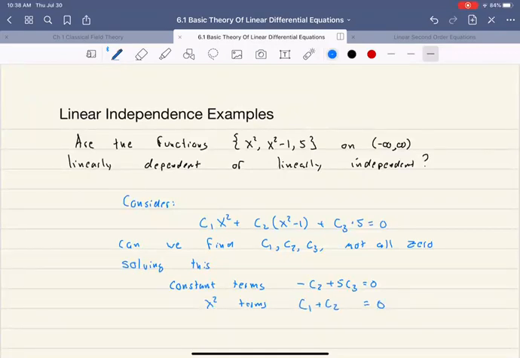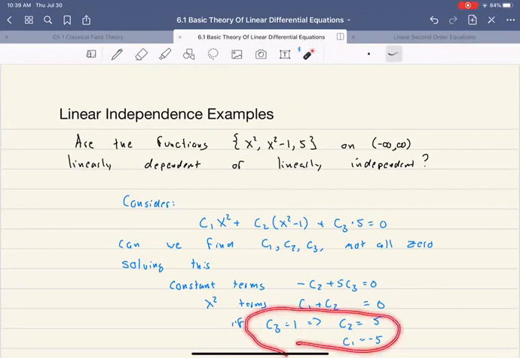Well, we could solve that with c3, let's say, equaling 1. If c3 equals 1, c2 equals 5, and c1 equals negative 5. So we can solve this with non-zero coefficients. So these are actually linearly dependent.